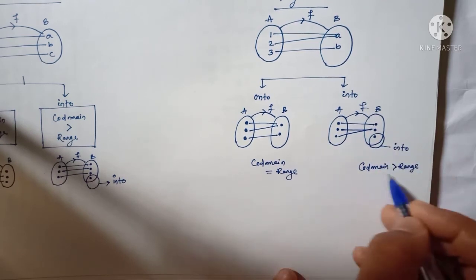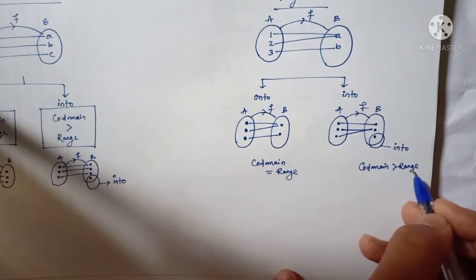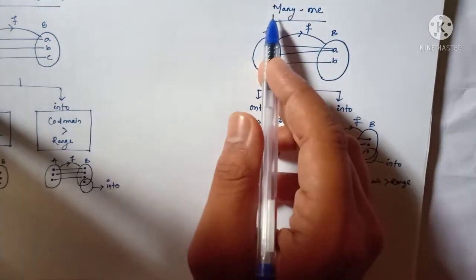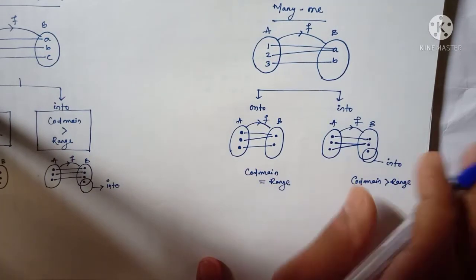So clearly the codomain is greater than the range. This is an into function, and in total we can say this is a many-one into function.